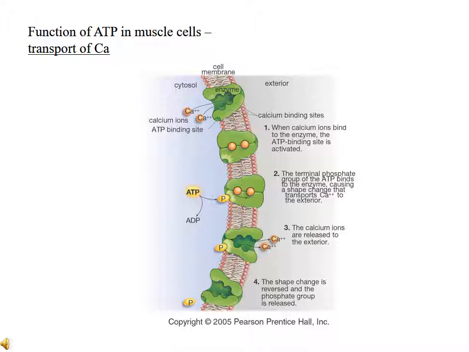Once the ions are released, as you can see, the enzyme collapses, releasing the phosphate group, and the phosphate group can go back and form more ATP. So this is an example of how ATP is utilized to actively transport calcium across a cell membrane.